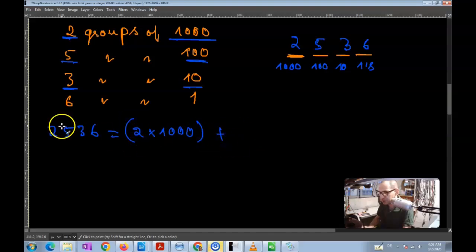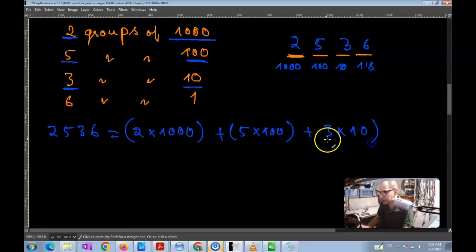And then we have also 5 groups of hundreds. So that's 5 times 100. And then we have 3 groups of 10. So 3 times 10. And then we have 6 groups of ones. So that's 6 times 1. And that's basically how you expand your numbers.